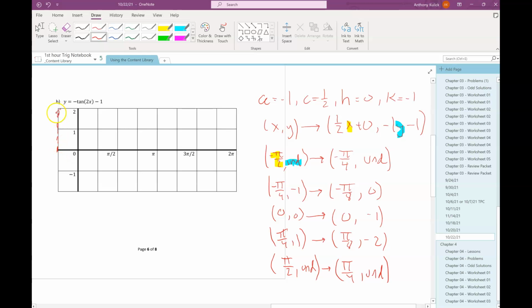But here's my negative pi over 4, undefined. Here's my positive pi over 4, undefined. And then I have negative pi over 8, 0, 0, negative 1, and then positive pi over 8, negative 2.